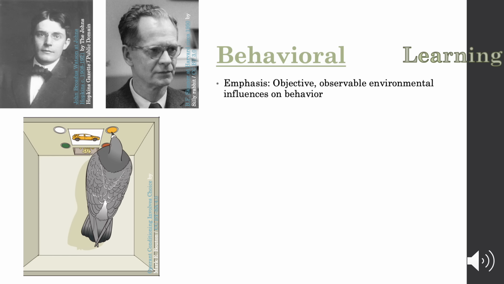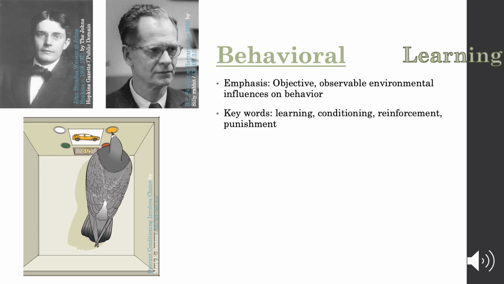They thought to make psychology a true science, we should only study behavior that we can see and measure. They often used animals in their research, such as rats and the pigeon that's pictured at the bottom left. The crux of the behavioral perspective is how we learn.